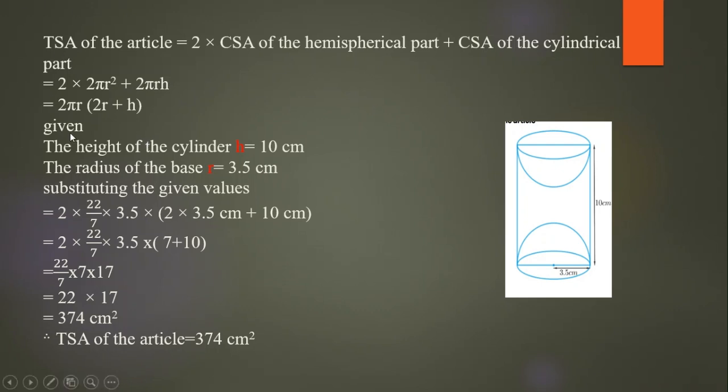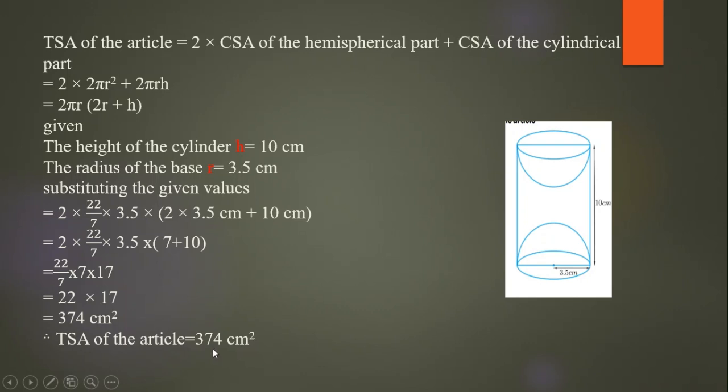Only this method is taken for making the term common and making the calculation easy. Once you check that also, till here the problem has been completed, because we have calculated the total surface area of the article. That is only asked in the problem. Total surface area of the article is 374 square centimeters.